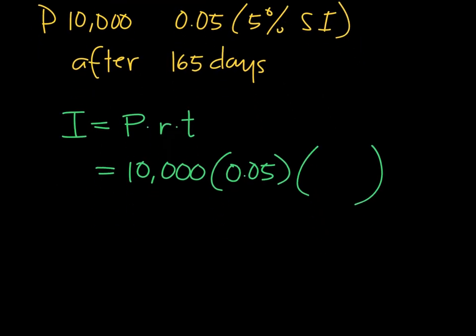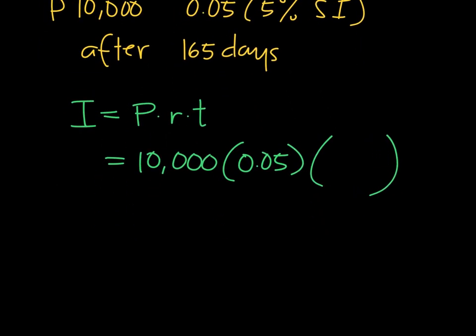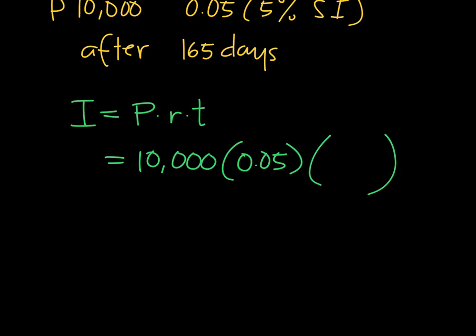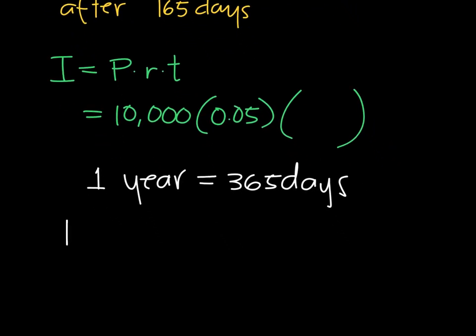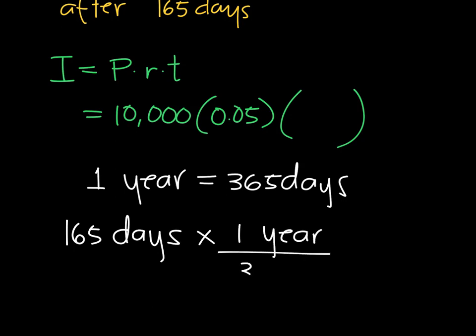Okay, so we apply now the concept of exact interest, and that is, in exact interest, 1 year is equal to 365 days. So when we convert the 165 days into a year, that means 1 year is 365 days.